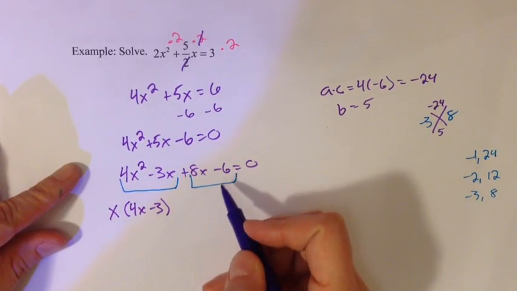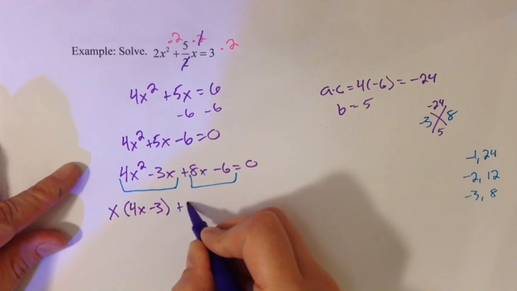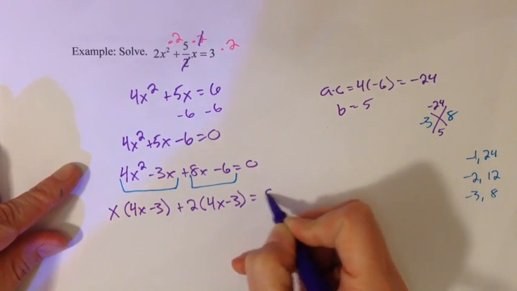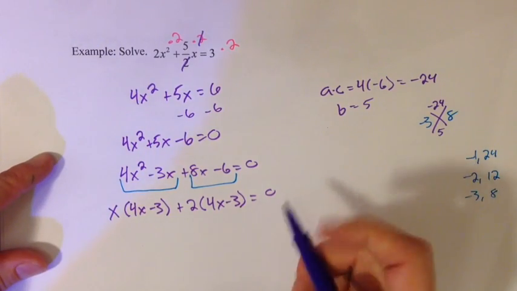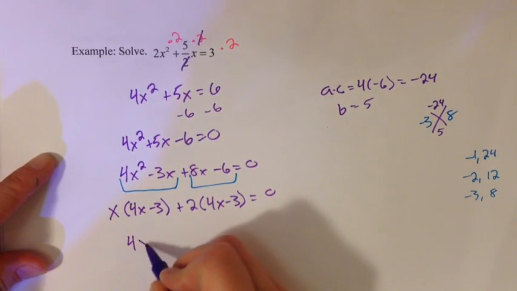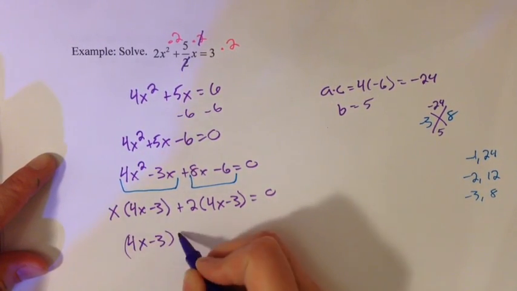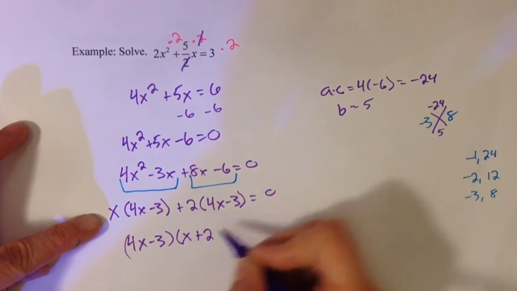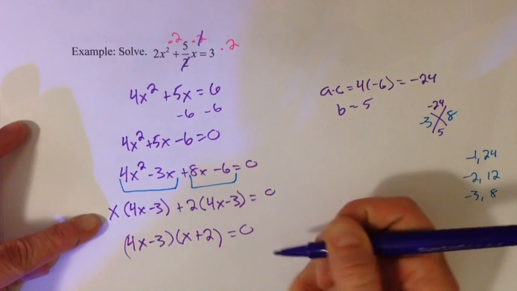And from the last 2 terms, it looks like I can pull a 2 out, which leaves me with a 4x and a minus 3. These match up, that's good. That means that I can pull that all the way out to give myself 4x minus 3 times x left over from the first term plus 2 left over from the second term. Now I've got it factored.